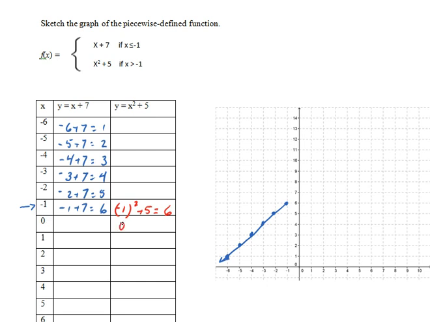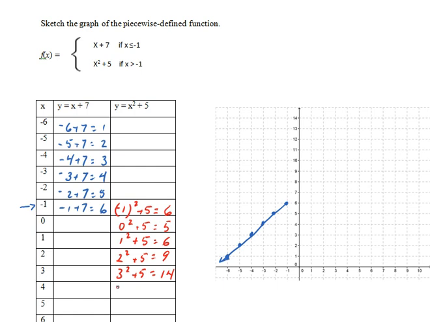So 0 squared plus 5 is 5. 1 squared plus 5 is 6. 2 squared plus 5 is 9. 3 squared plus 5 is 14.